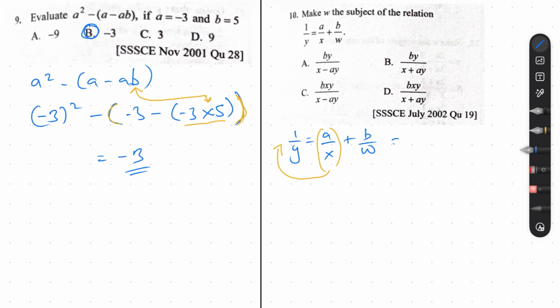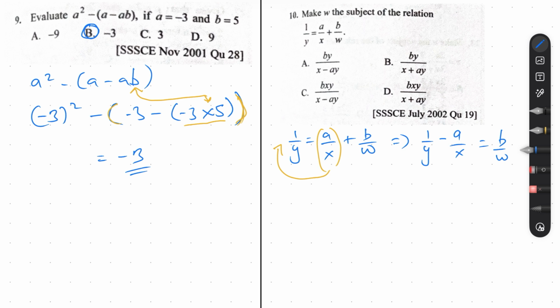So you have 1 over y minus a over x. Why is it minus, not plus? It is minus because here it was positive, right? So if it goes, it becomes negative, and that will be equal to b over w.